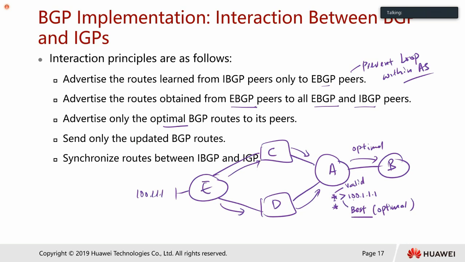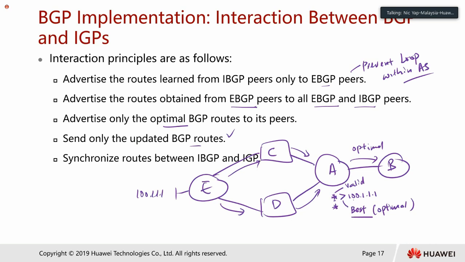BGP also only sends updated routes. It is straightforward: they only send the incremental route. Any changes of the route, I will send. If there are no changes, I will not send. That's what we mentioned earlier.